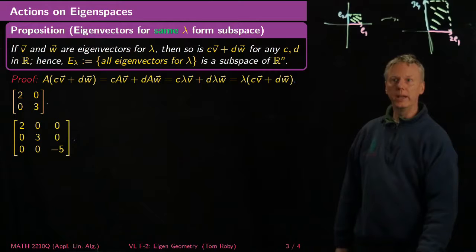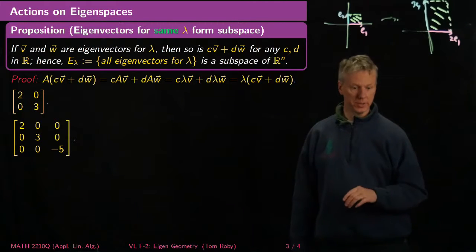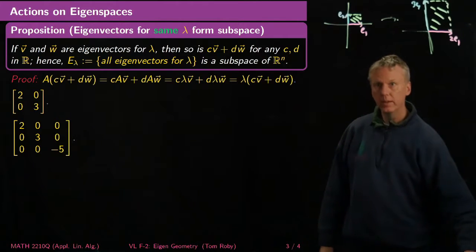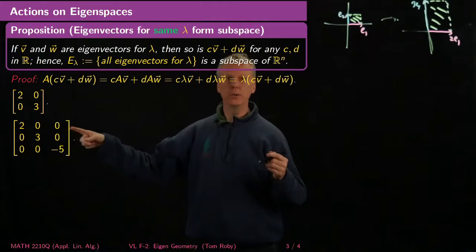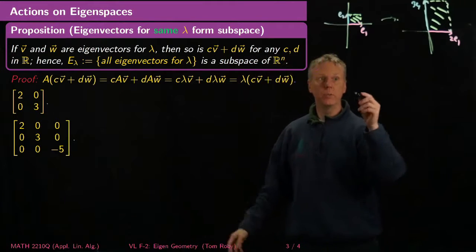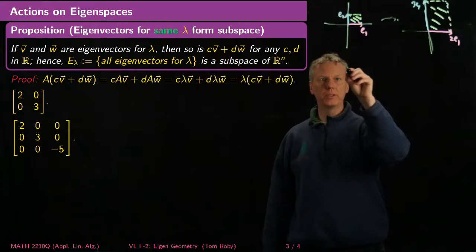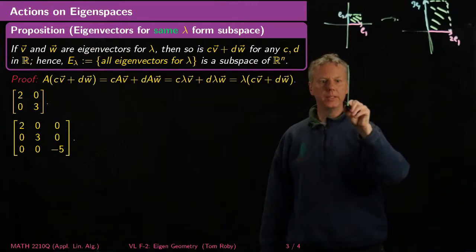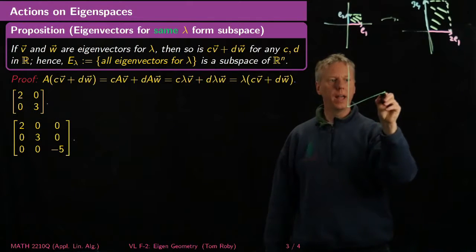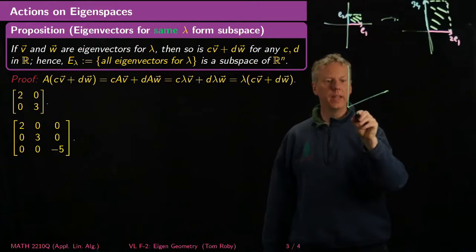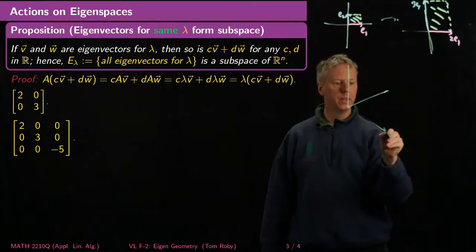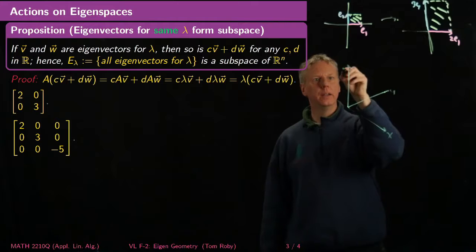So let's go to R3, where we can still draw pictures and make good sense of what's going on. So here I've got 2, 3, minus 5. And so what happens? So I'll draw my picture this way. I've got the z-axis here, the y-axis here, and the x-axis here. X, y, z.